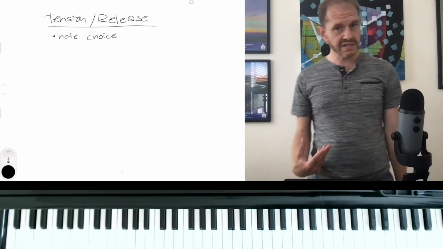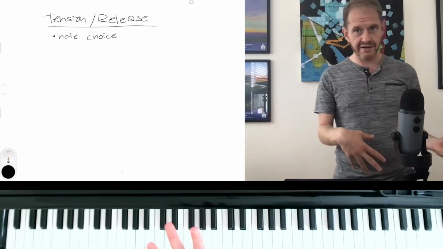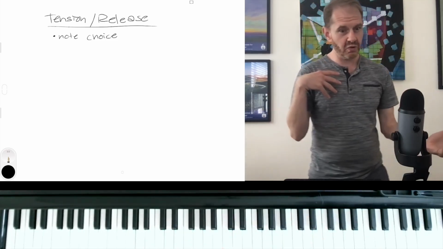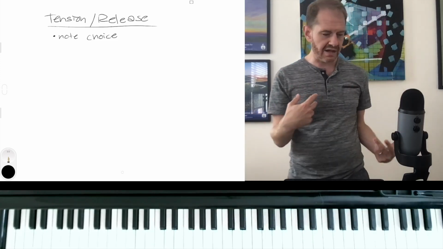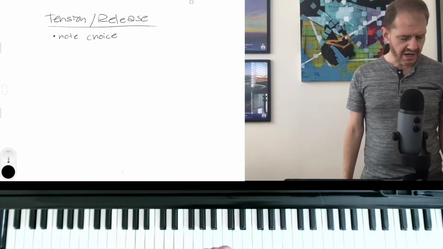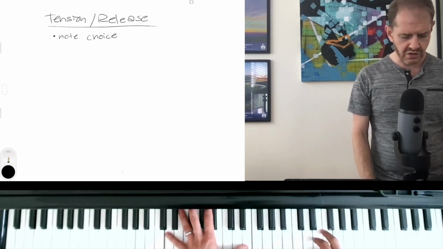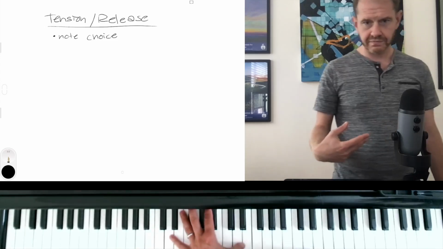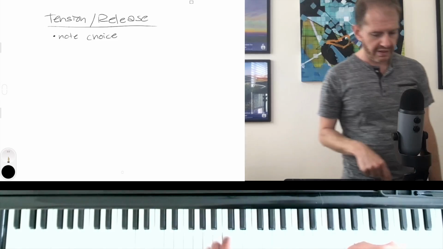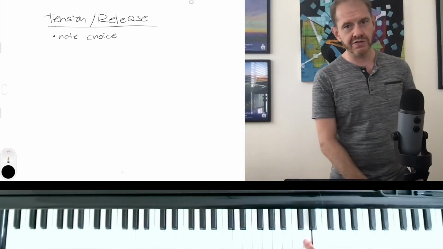But what's kind of interesting is that I can actually engineer it so that E sounds more like a release and D sounds more tense. So, usually what we would be doing is we'd be aiming for the root here in each of our phrases.